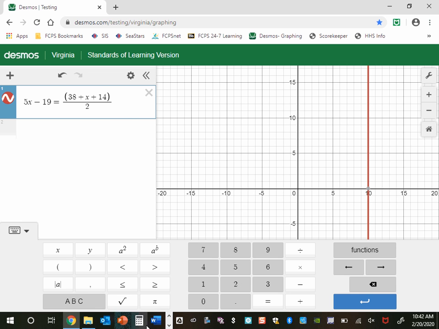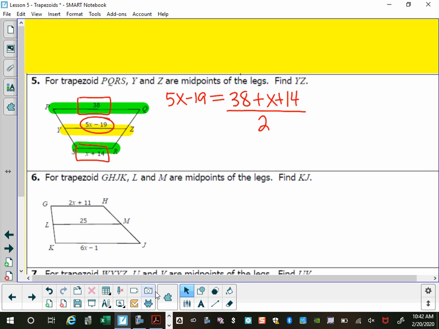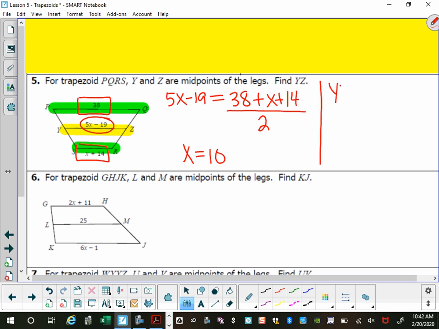All right, so they did not ask me for x, but I had to find x. So I got x is equal to 10, and then they asked me for YZ. YZ is 5x, which is 10, minus 19. What do we get for YZ?